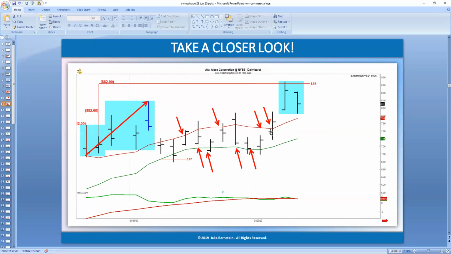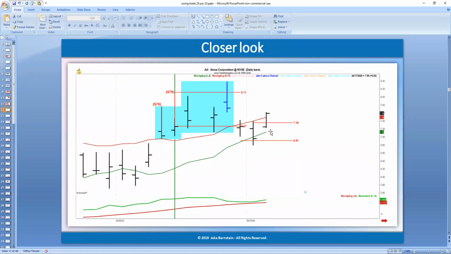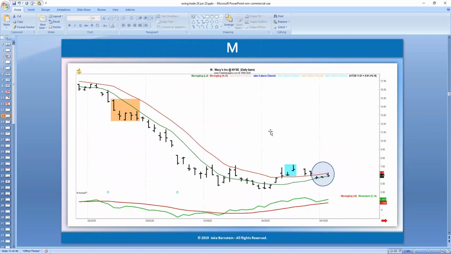Again, the swing trade situation on this stock, and as I said before, very, very well-known stock, not involved in any high-tech business or anything like that. It's not going to be the kind of stock that opens $2 lower because its drug was rejected. Let's go to another chart. So this is the same chart, Alcoa. Let's go to Macy's.